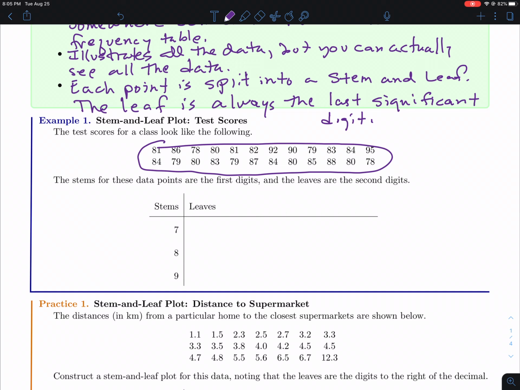If we think about this from a Math 110 perspective, the stem is going to be the tens position, and the leaves are going to be the ones position for this problem. We've already listed the stem. The only tens digit possibilities that we have are 7, 8, and 9. Now we want to list all the ones positions that occur for each of these, and you list them as many times as they occur.